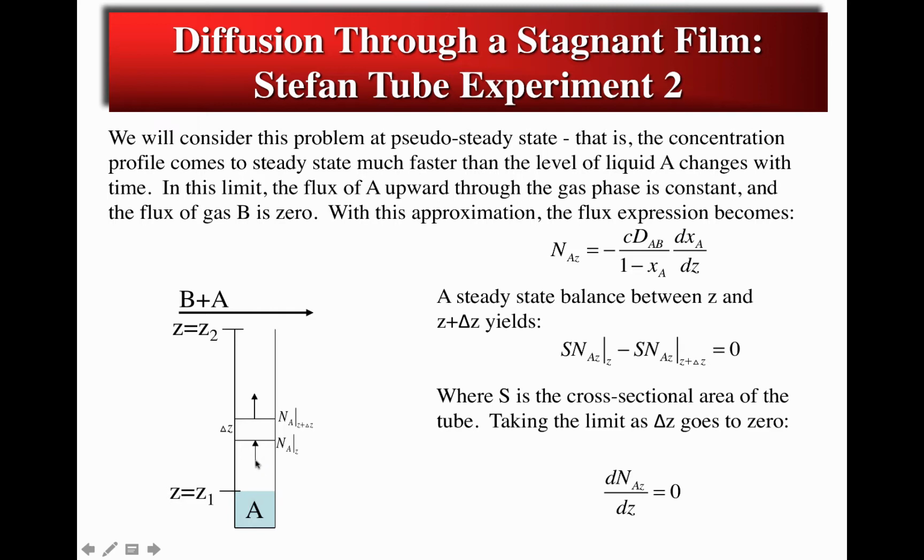If you think about, for example, the gas phase density of compounds relative to the liquid phase density, every time you have depleted the level of liquid A by 1 millimeter in this device, it means that roughly 1,000 millimeters of A, if you will, have had to move through the gas phase.